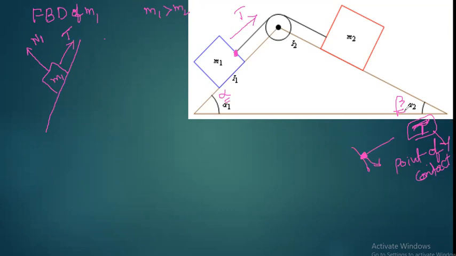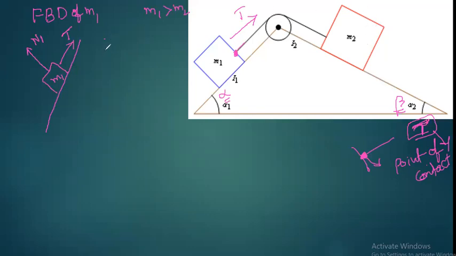Two different masses, two different angles, two inclined planes, and two normals, right? And tension is single. Same tension, same thread we are taking, and the same thread is continuing, so the tension is also continuous.